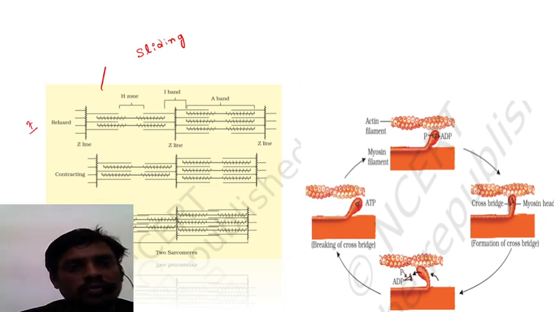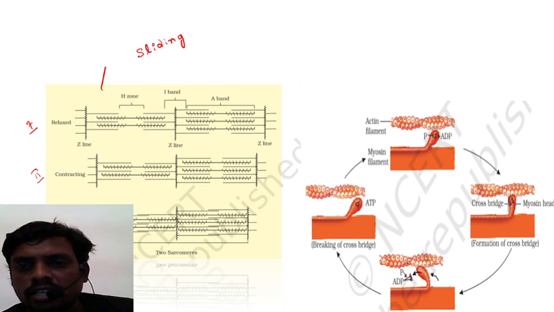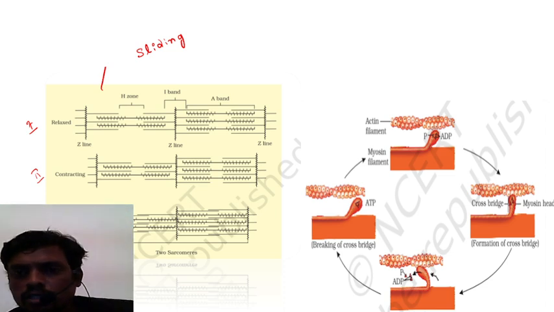First step, relaxed muscle; then contracting; and the third one is maximally contracting. Now in the second diagram, if you carefully see, cross bridge formation, which I said in the previous point, and you can see how myosin heads are binding to the actin and forming a cross bridge.